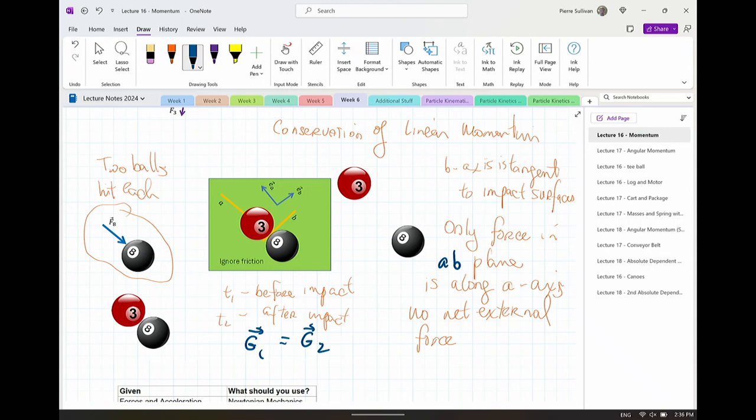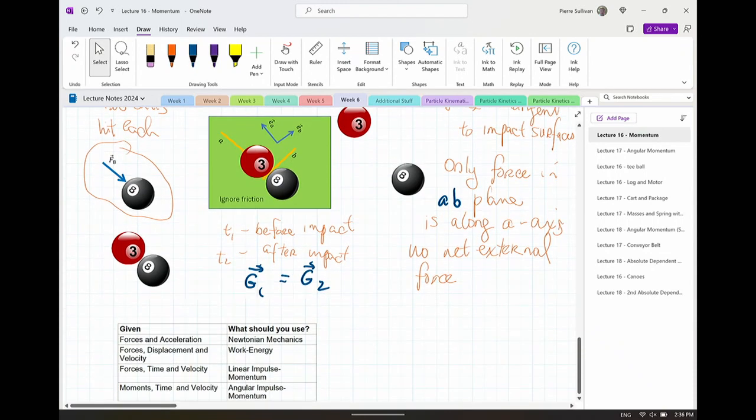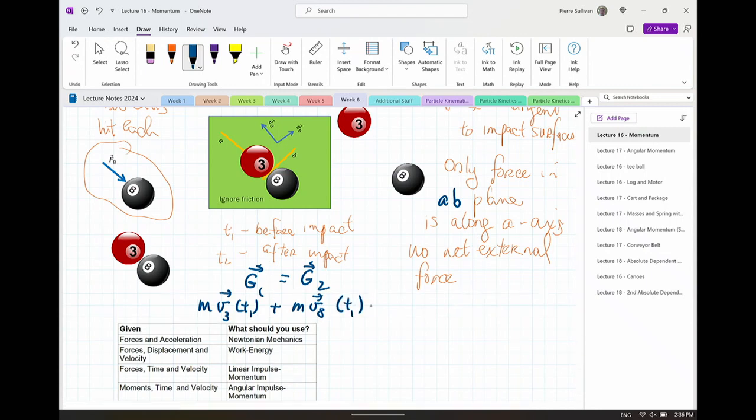So I can write G1 equals G2. My conserved terms in this case are just going to be the mass times v of ball 3 at time 1, plus the mass times v of ball 8 at time 1, equals the mass times v3 at time 2, plus mass times v8 at time 2.